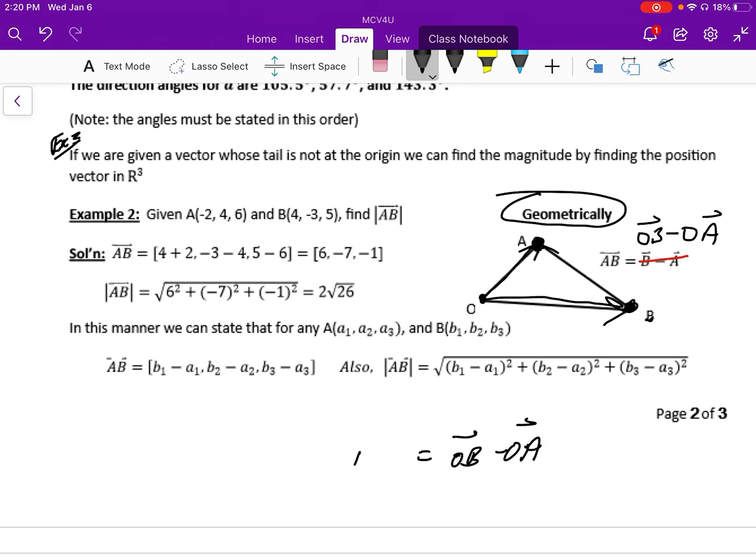That's what AB is. So you can see how the math works out. In this case, we get the vector 6, negative 7, negative 1, and using the magnitude formula that we have, we can come up with 2 root 26.